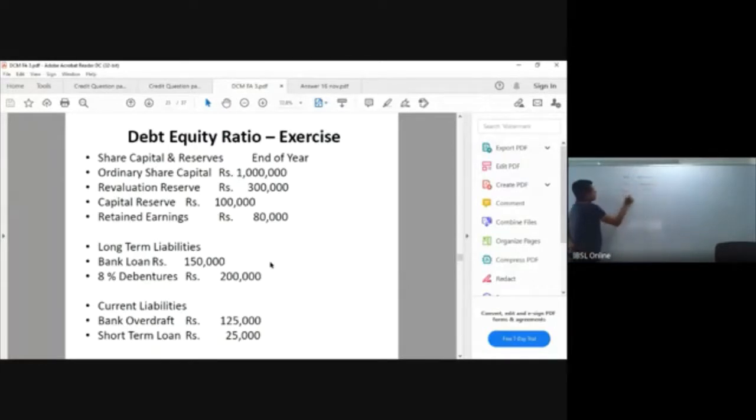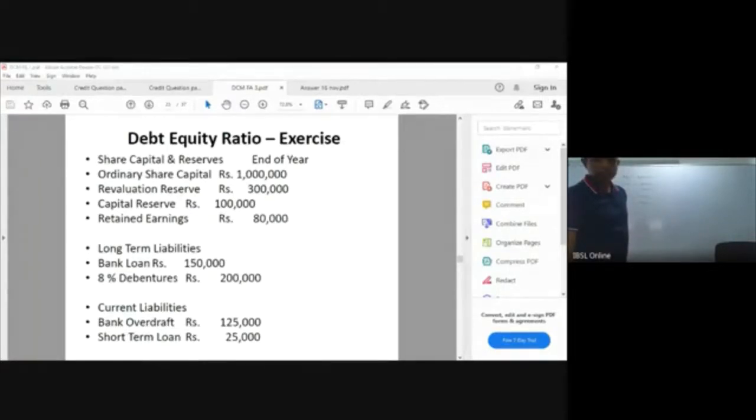Total debt capital, 500,000. Then total capital, equity capital plus debt capital, that is 1,980,000. These are the figures. Hope you can see the figures.